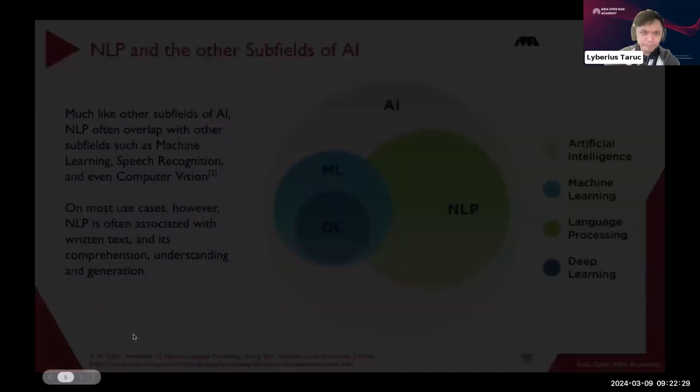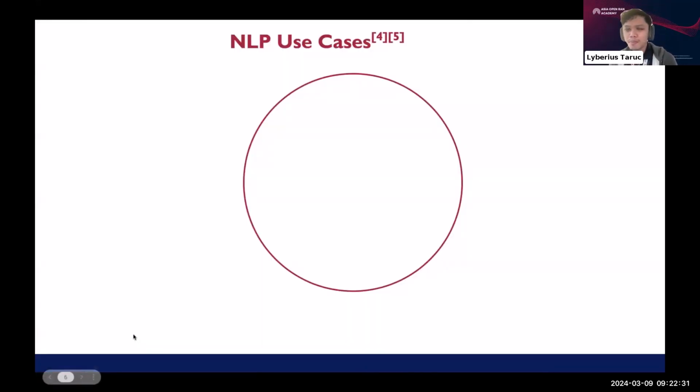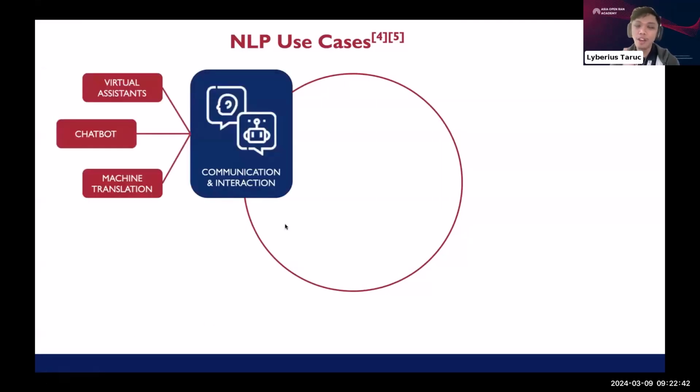Okay. Now, in terms of its use cases, I was able to find three high-level categories of where and how we can apply NLP, and these are as follows. No? First one, the very obvious one, which is communication and interaction.